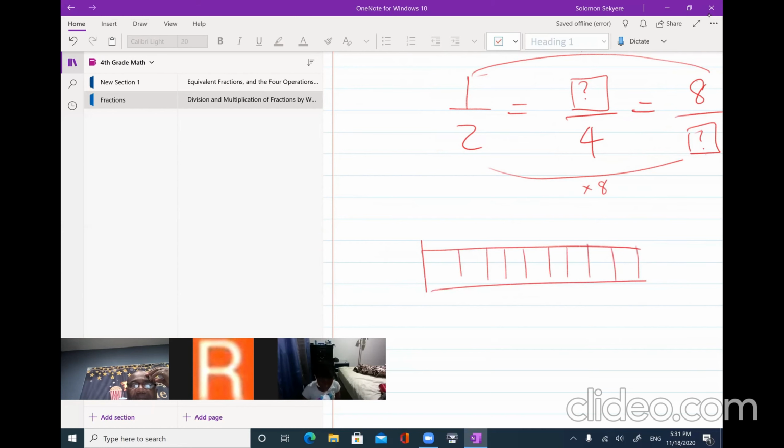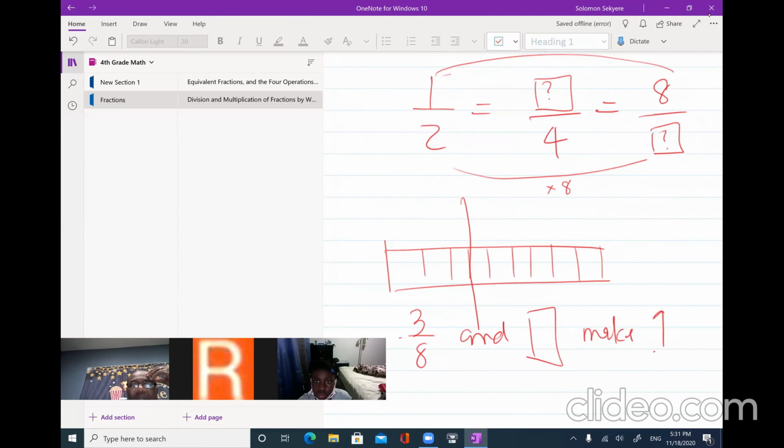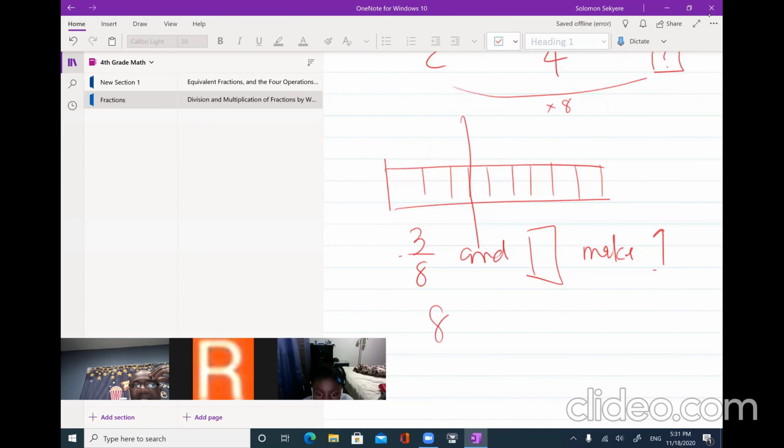So we have 3/8. What will make 1 whole? Looking at this picture, a whole is 8 eighths. So 3/8 and what will make a whole? Look at the picture. 3/8 and 5/8.